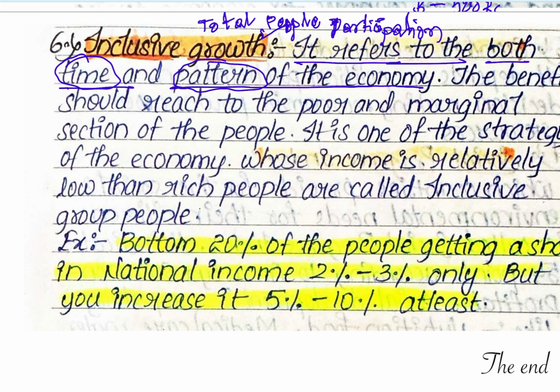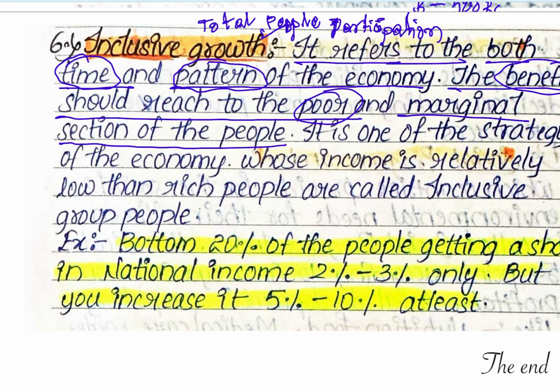So here the benefits should reach the poor and marginal sections of the people. Marginal means additional. Whatever the benefits of the country are, they should be provided to the poor people and the marginal section of the people.